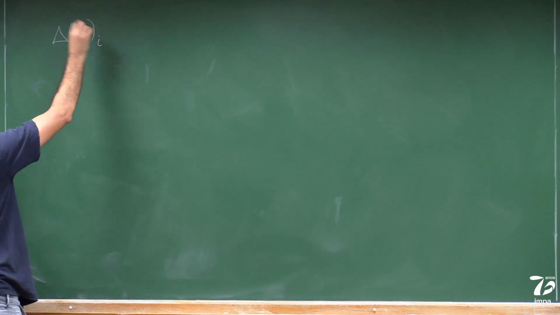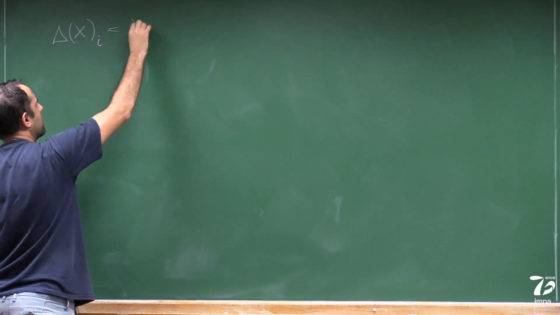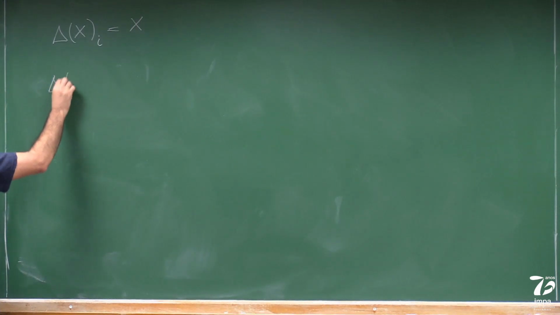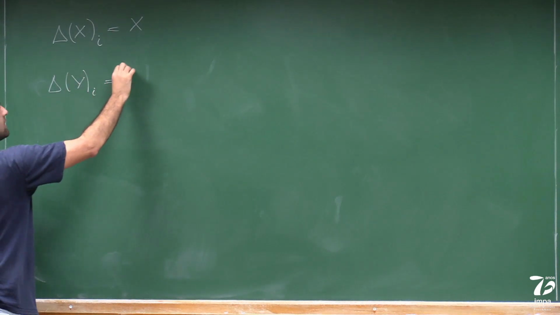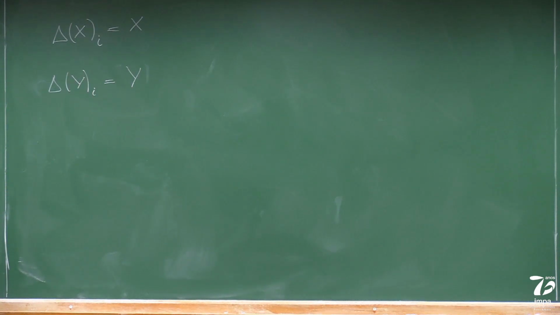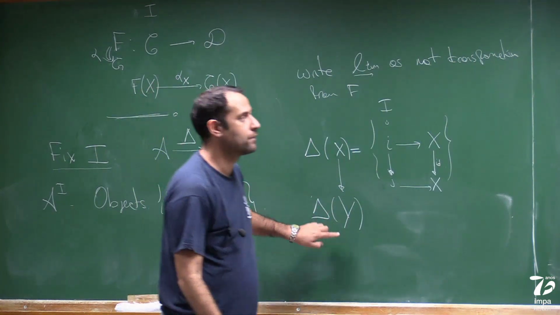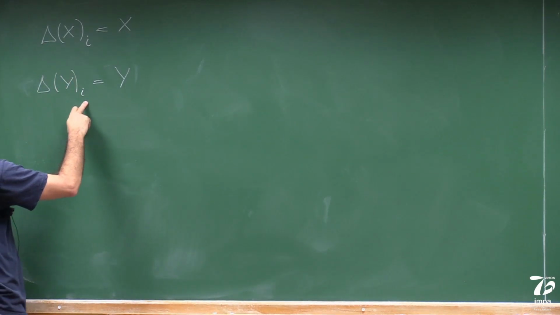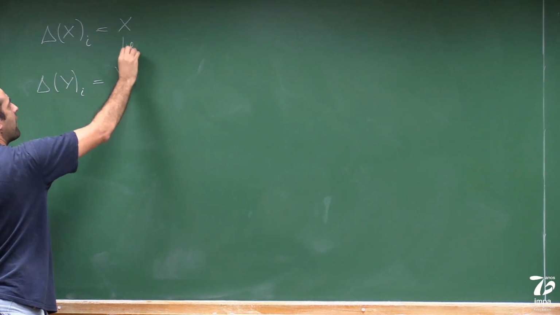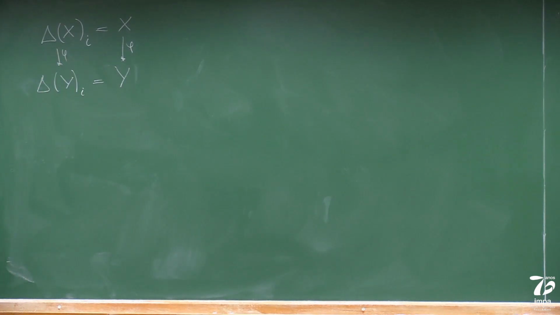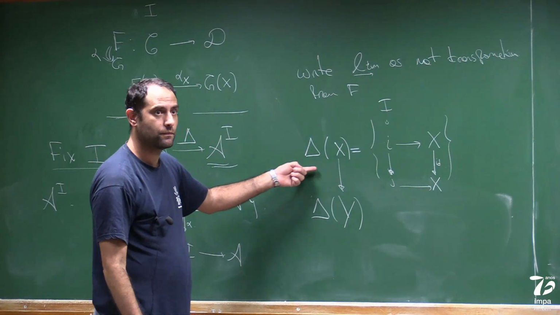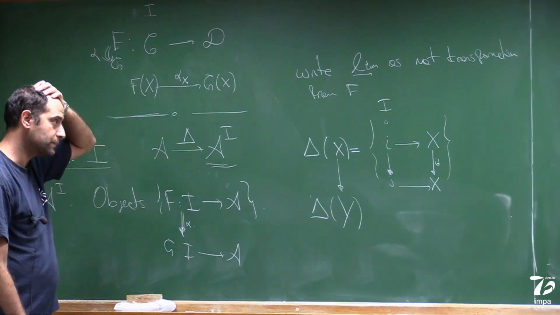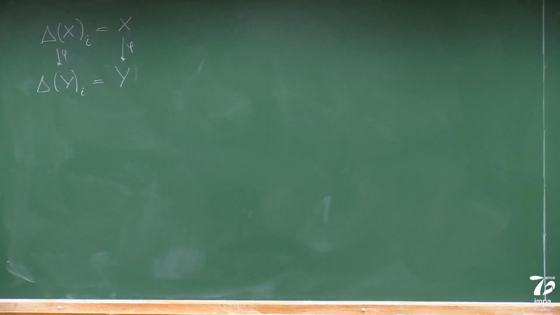Delta of X at I is just X for every I, and delta of Y at I is Y for every I. Now suppose that you give me a map phi from X to Y. Then you want a map from delta of X at I to delta of Y at I, and you were given a map here, phi, so you're just going to give me the same map here. That makes this guy into a functor. So now this delta became a functor from A to A^I, this category of functors. Okay, so claim.